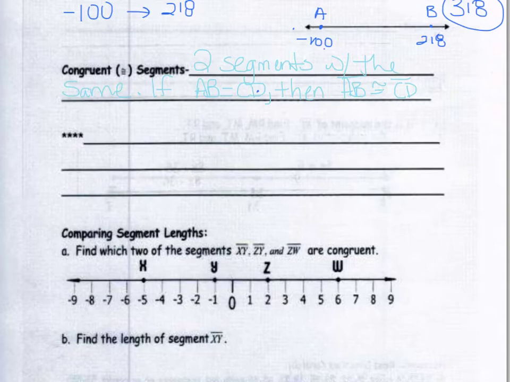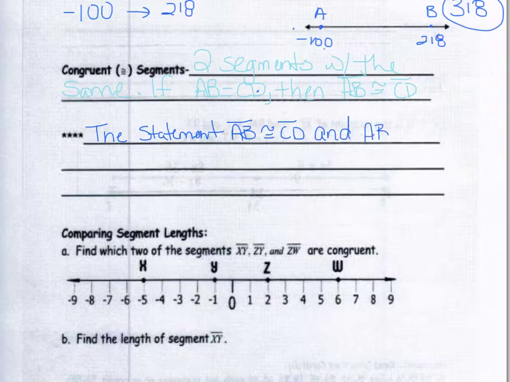All right, and then piggybacking on that, the statement AB is congruent to CD is okay, and they're interchangeable. So you can use these in whatever sentence you want because they're correct notation. However, you cannot combine them.